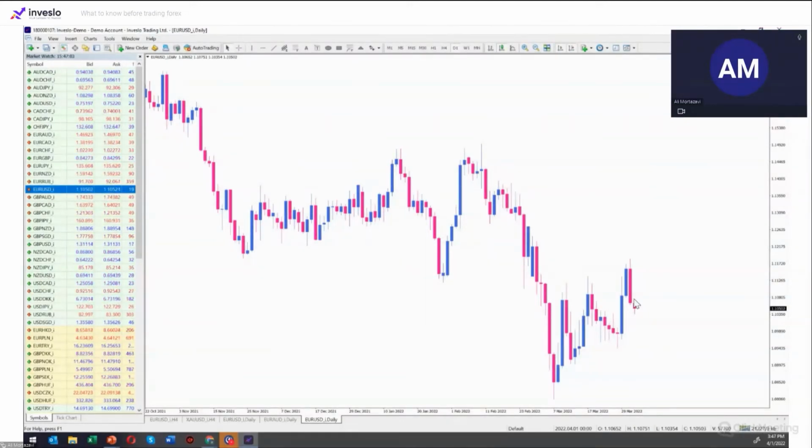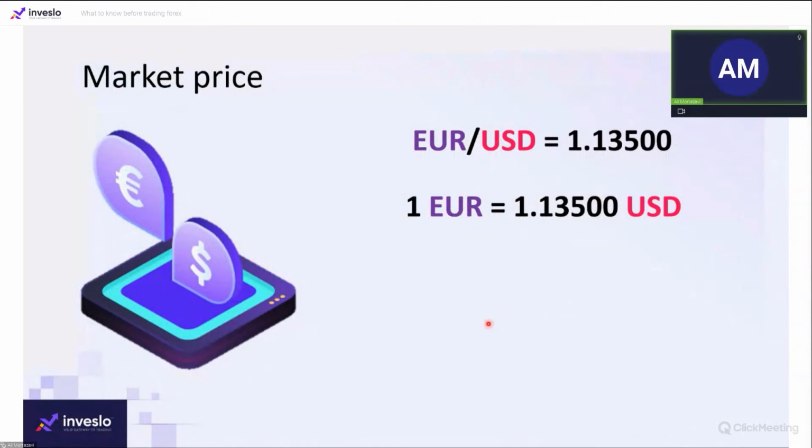Or put it simply, we can say the USD is appreciating against the euro. So, back to our presentation here, when I see the euro strengthening against the dollar, I expect the price to go up.